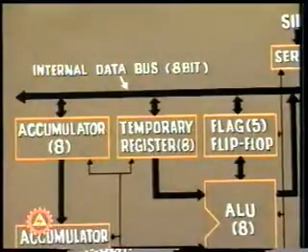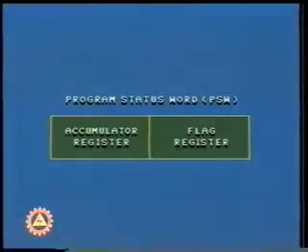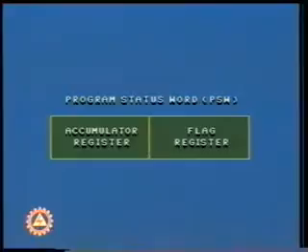Flags are carry, zero, parity, sign, and auxiliary carry. Accumulator and flag register form a 16-bit register pair known as program status word, abbreviated as PSW.